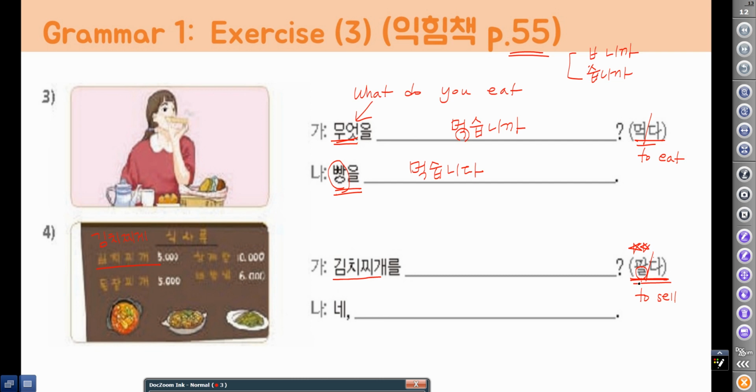So the ㄹ is there, but you drop it, and then you add 비읍니까. So it'll be 김치찌개를 팝니까? 네, 팝니다. 네, yes, we sell it. Okay, let's listen and repeat. 무엇을 먹습니까? 빵을 먹습니다. 김치찌개를 팝니까? 네, 팝니다.